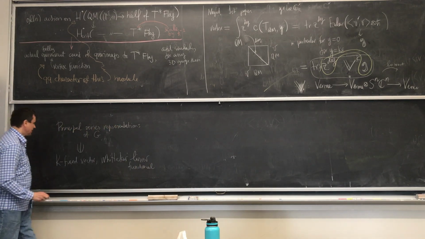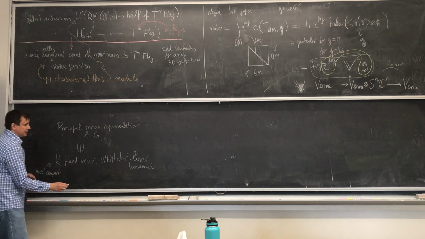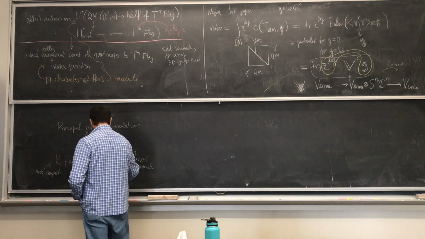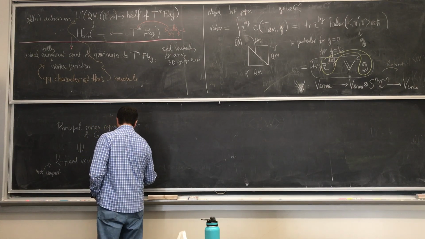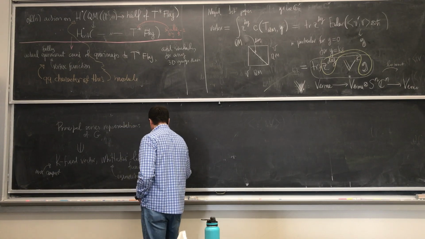K is the maximal compact, and Whittaker linear functional means it is an eigenvector of the unipotent, nilpotent subgroup of G.